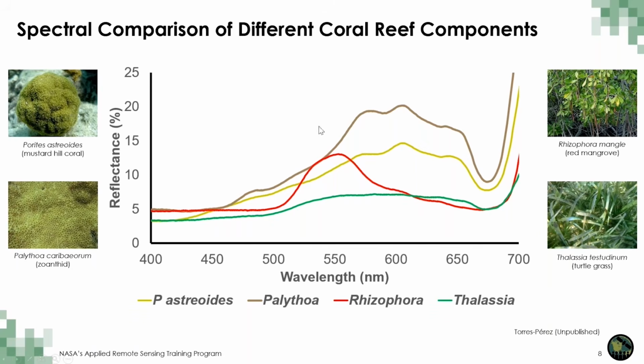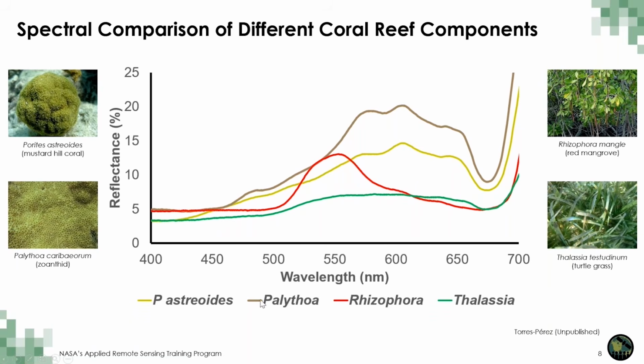For example, we have Porites astreoides, which is a mustard-hill coral, and Palythoa caribaeorum, a zoanthid, an organism which is also a relative of corals. And then for comparison purposes, I also included data from red mangroves and turtle grass, seagrass as well. This is some of my data.